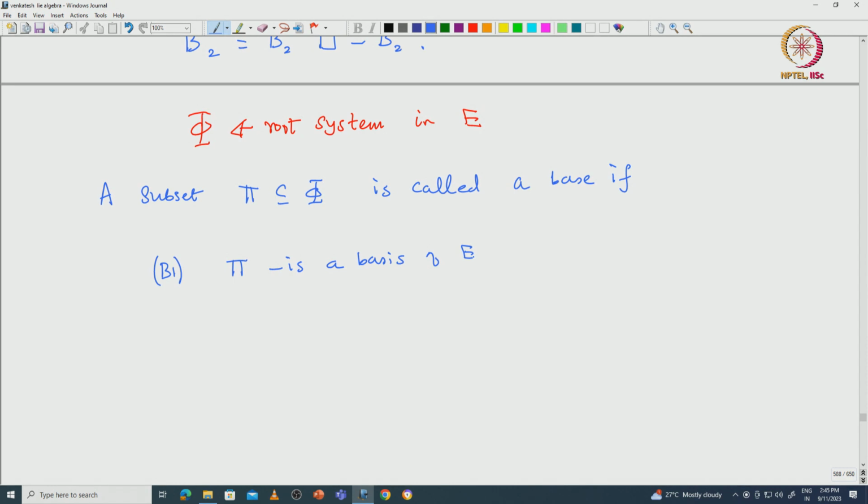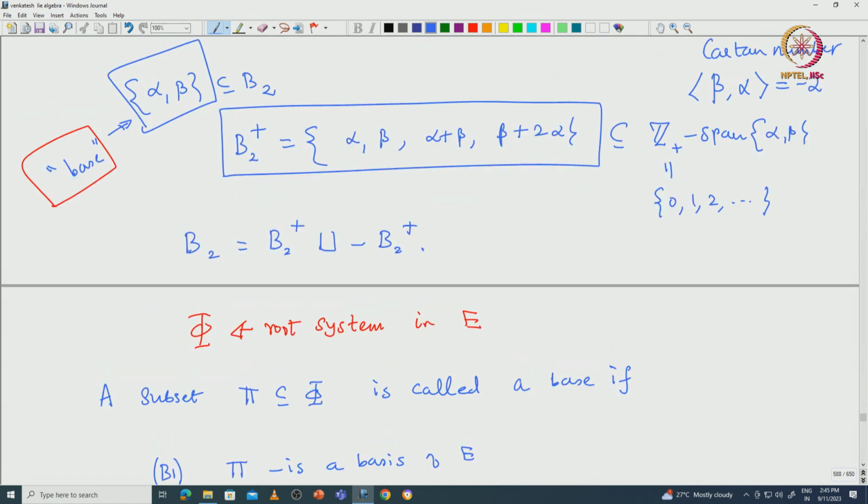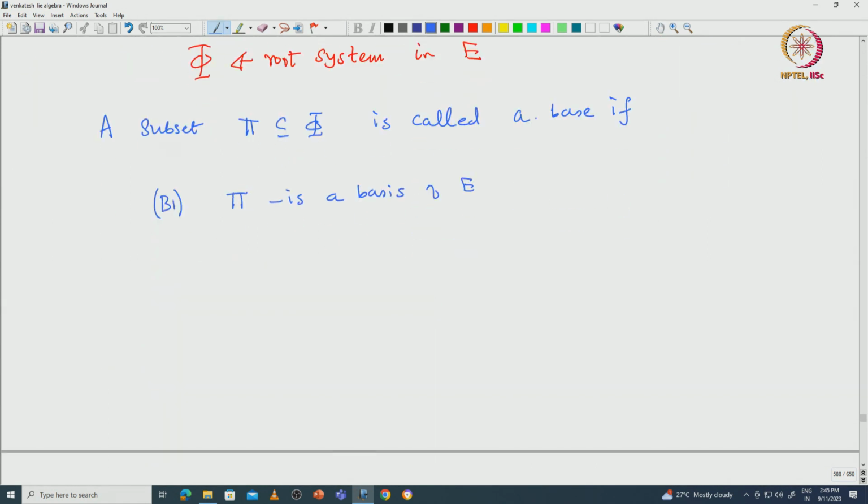In particular, all the elements of the roots phi can be written as some linear combination of elements from pi. But we have a very strong condition, stronger than just being a linear combination, and that is what we demand as condition 2.